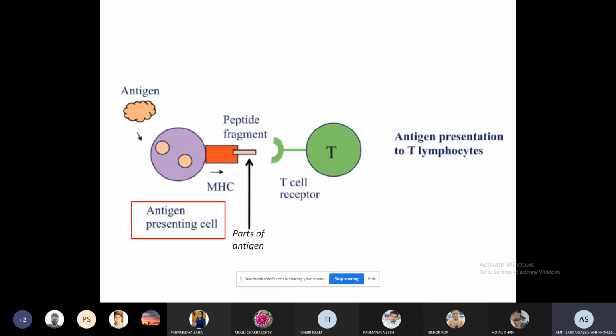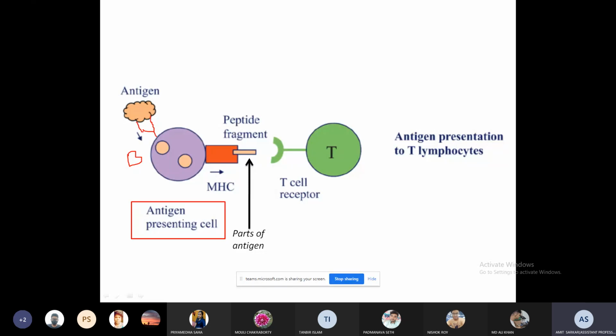So actually, if you look at this picture, as I said, a T cell cannot bind to any free antigen. Somebody needs to present that antigen to the T cell. Whereas the B cell can bind to a free antigen. So let's imagine this is our B cell. The B cell must have a membrane-bound antibody through which it is binding to the free antigen.